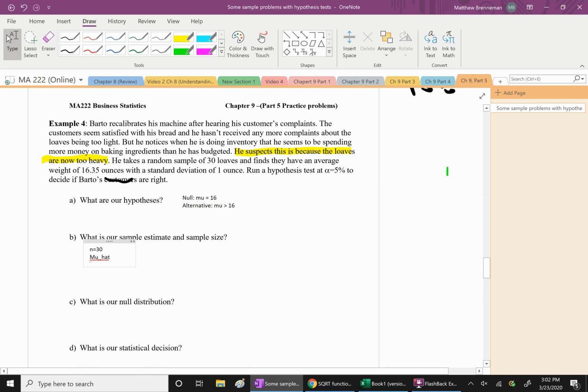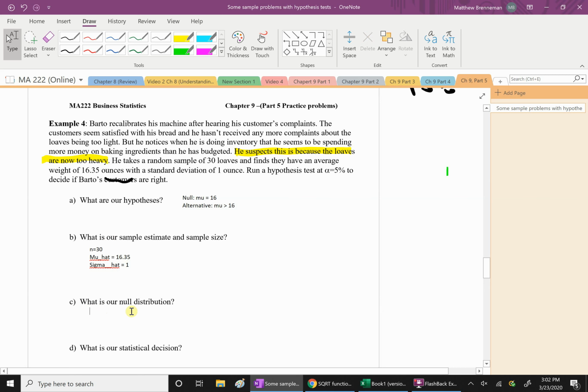So this is mu hat. And it's also worth noting that sigma hat, we're going to need this later on, happens to be 1. In other words, this is the sample standard deviation. So this is all the input that we're going to need when we're doing our calculations.